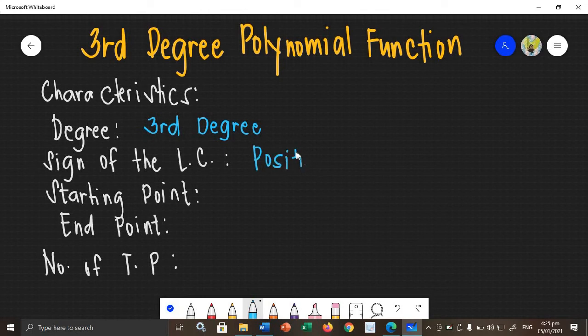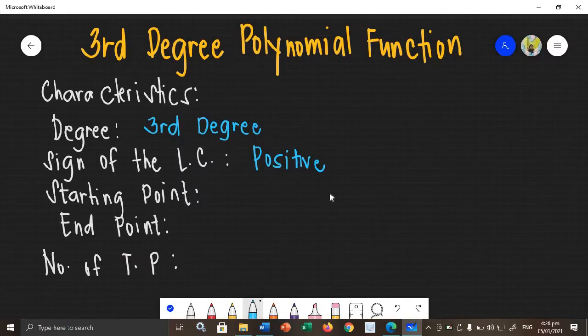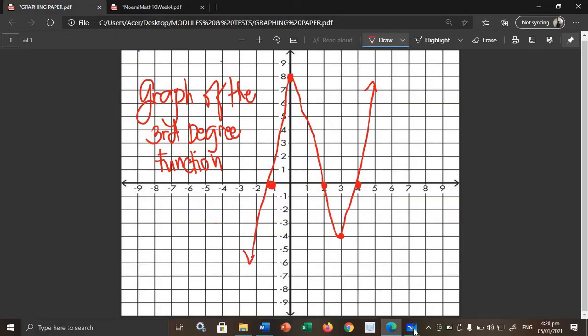Okay, wala naman kayong nakikitang negative sign sa labas ng mga factor, therefore, positive siya. The starting point of the graph, according dito sa graph natin, the graph will start downwards, which is tama dun sa characteristics na diniscuss ko a while ago. And then the end point of the graph is upwards.